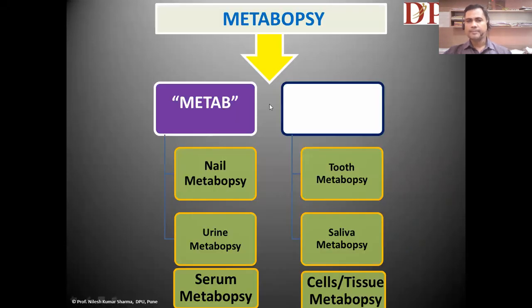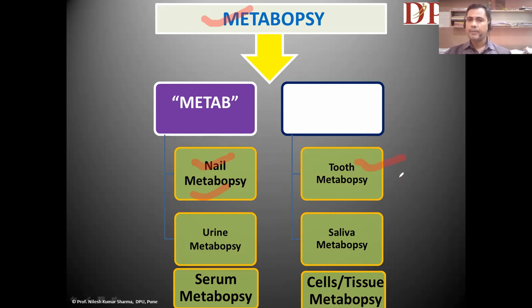Now we will go to the nomenclature of this metabopsy. What we are proposing is that metabopsy can be nail metabopsy, where the nails of human subjects, from any human disease condition or healthy conditions, can be used for metabopsy profiling.